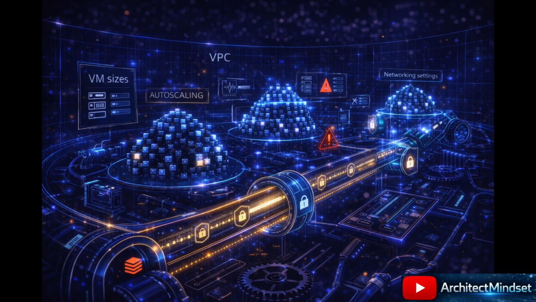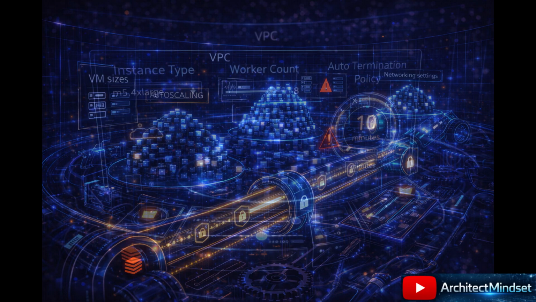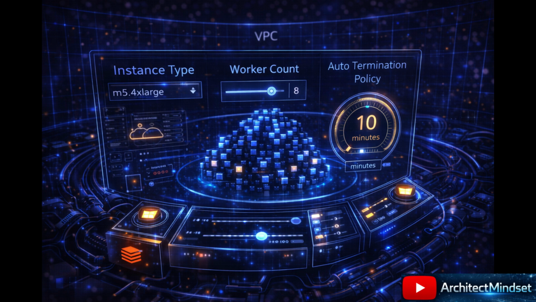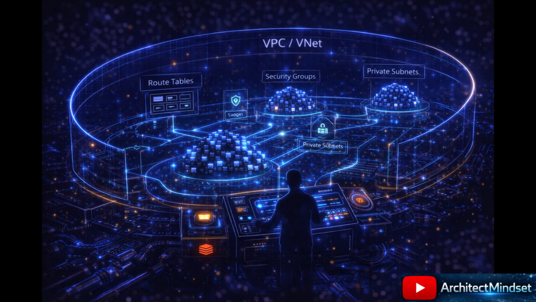Now the big shift. In the classic model, you manage clusters. You pick the instance type, the worker count, and the auto-termination policy. With the classic compute plane, you have more control over the network configuration, such as deploying it in your own virtual private cloud or virtual network.